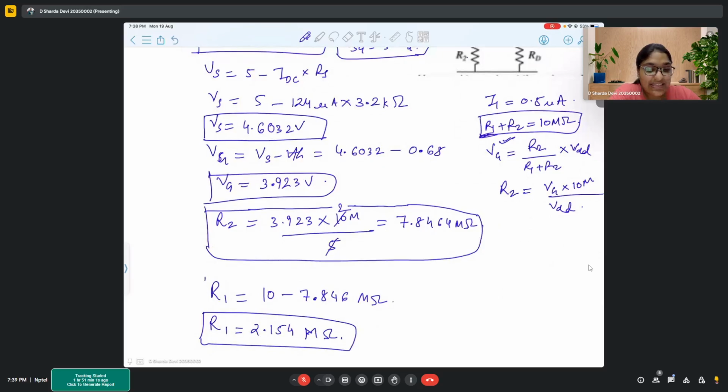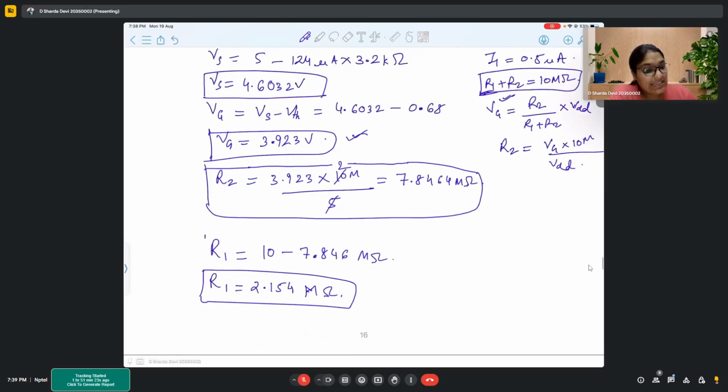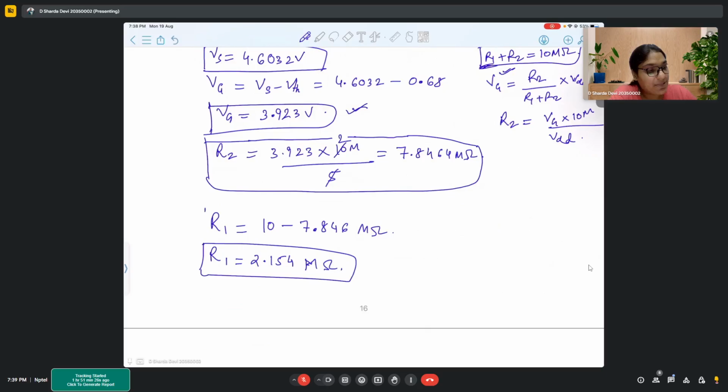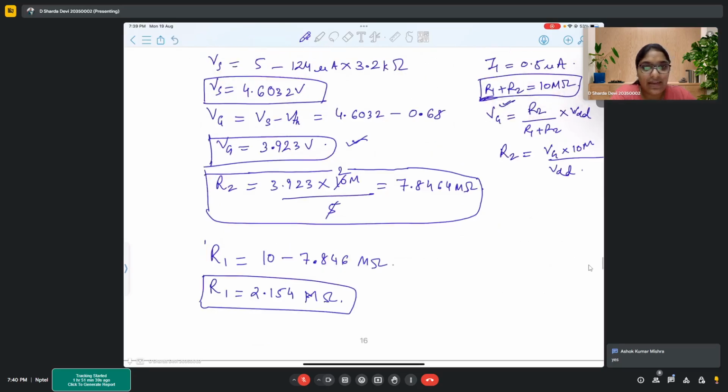Since Vs is known, we can find Vg, and the Vg value turns out to be this value. When Vg is this, we can simply substitute it over here to find R2, and that's what we did to finally get the value of R2. And once R2 is found out, we can find R1.